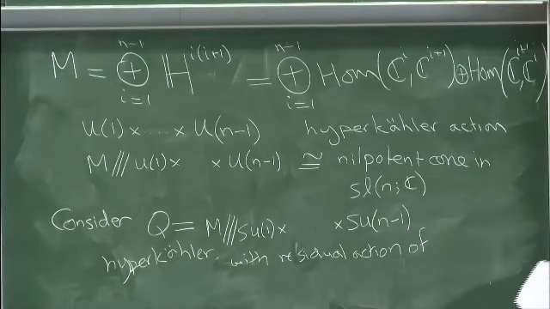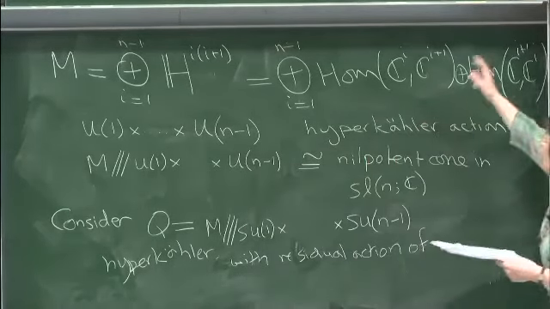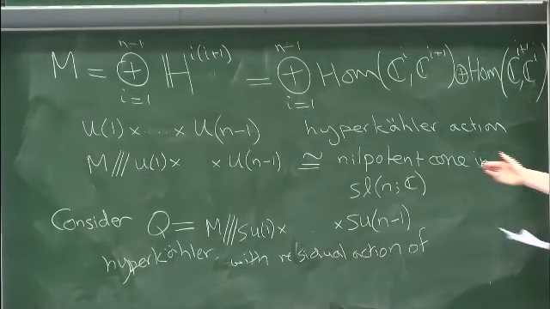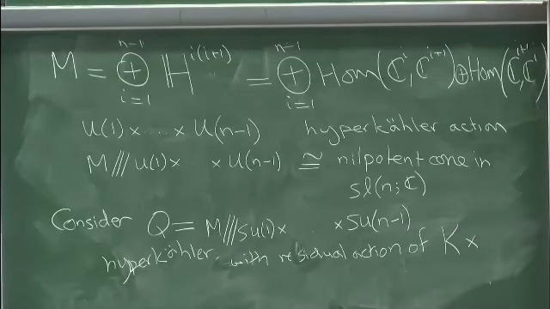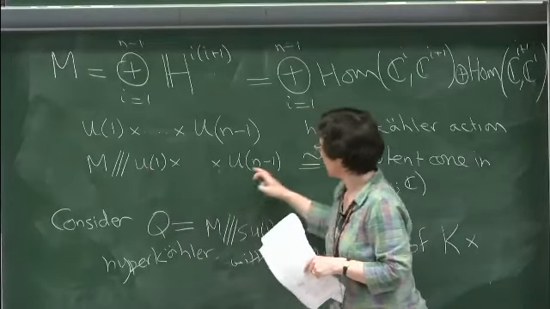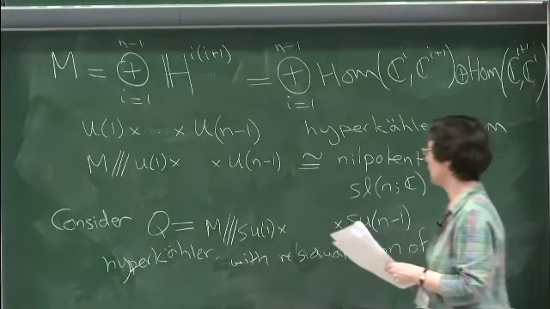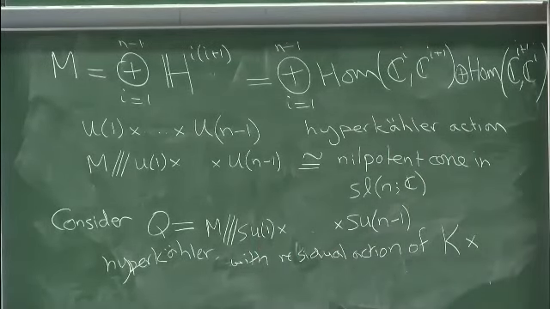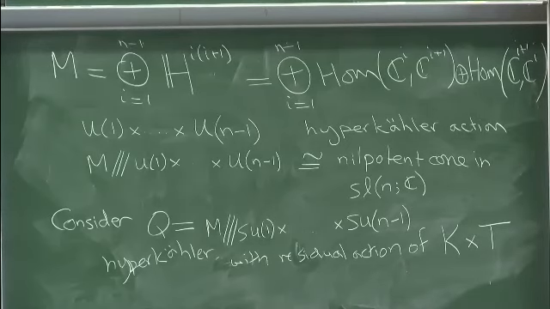We've certainly got the SU(N) acting on the C^N that we didn't quotient by here, so that's our K. But we've also got a torus, because for each of the central subgroups in U(1) up to U(N-1), we only quotiented by the SU. So we get a residual action of those, and they can be identified with the maximal torus of SU(N).